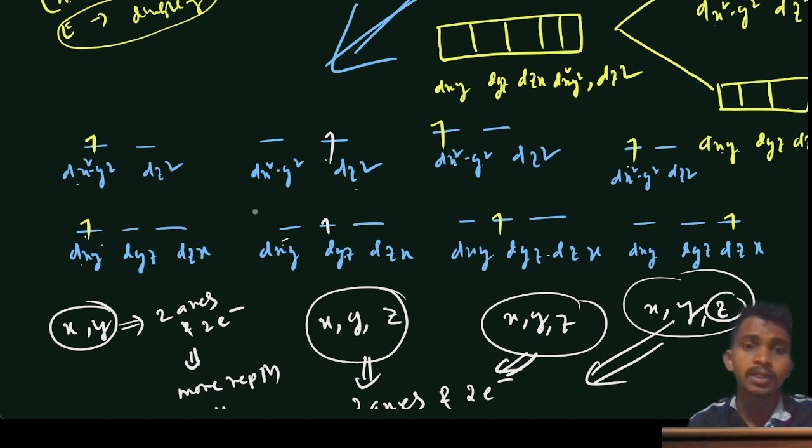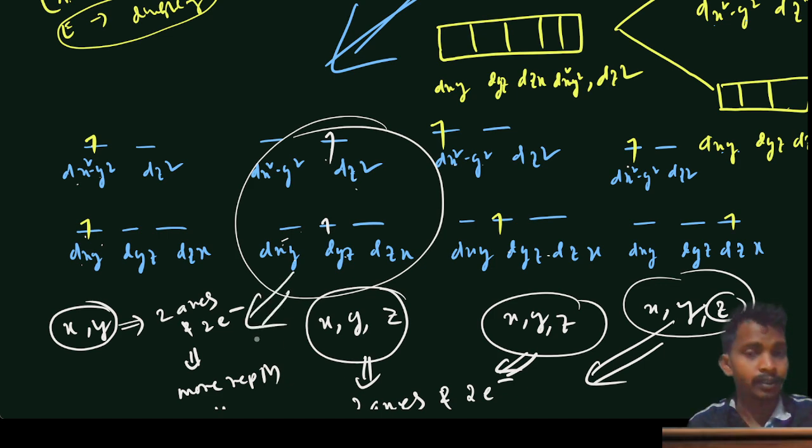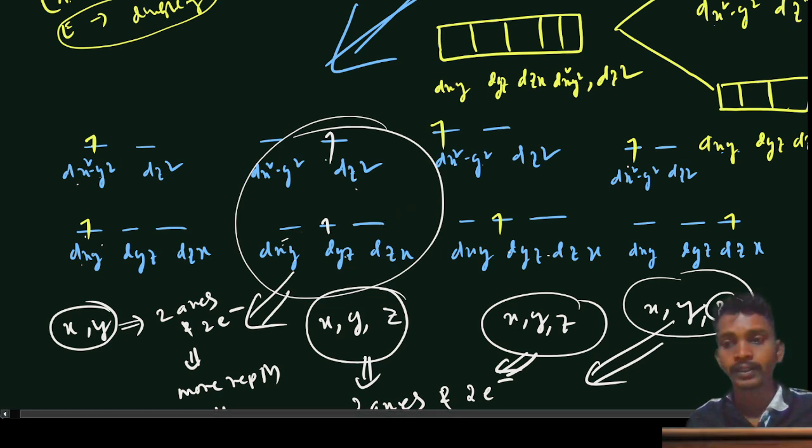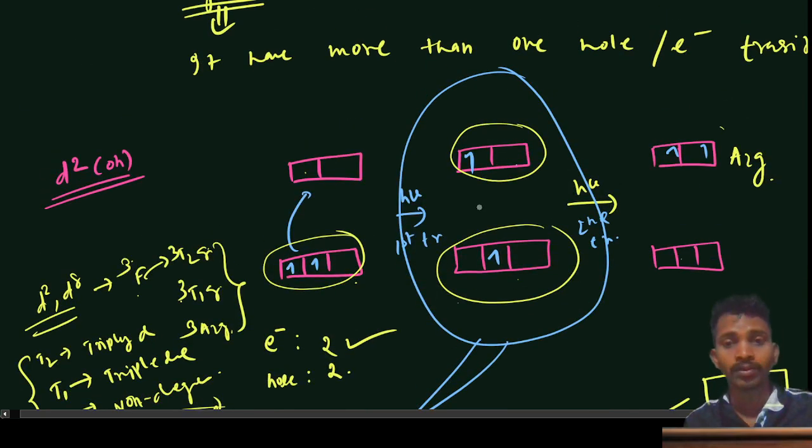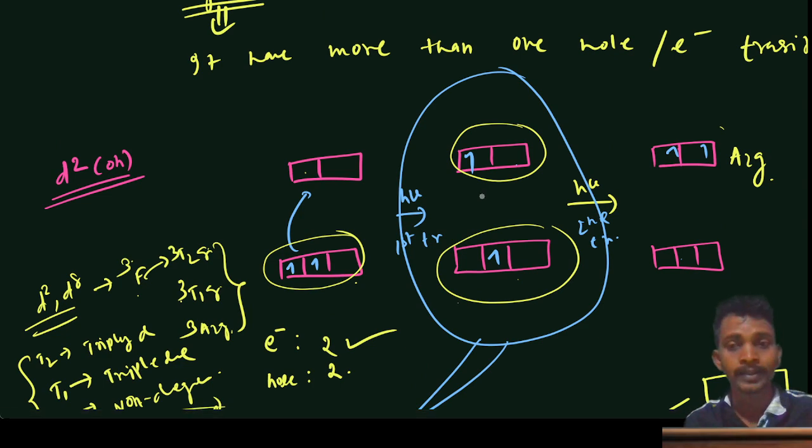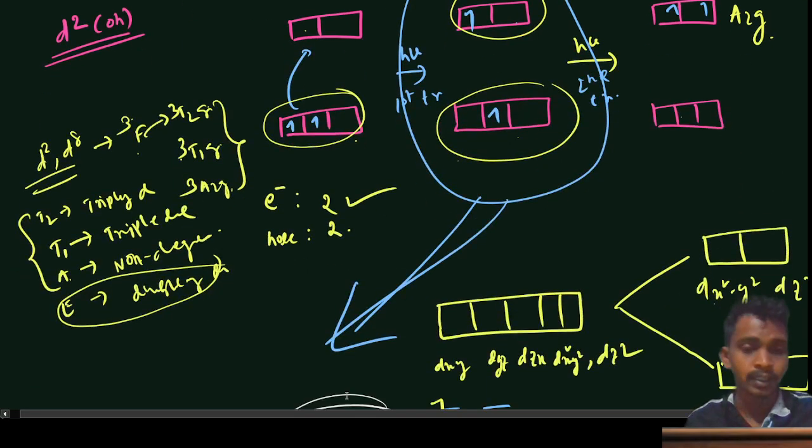So this also has high repulsions, and this will be less stable. Okay, this type of thing is possible. So these are the possible cases of what types of states will be possible. Sometimes it will be a high CFSE, sometimes negative CFSE values. Okay, so these types I have shown as these cases.